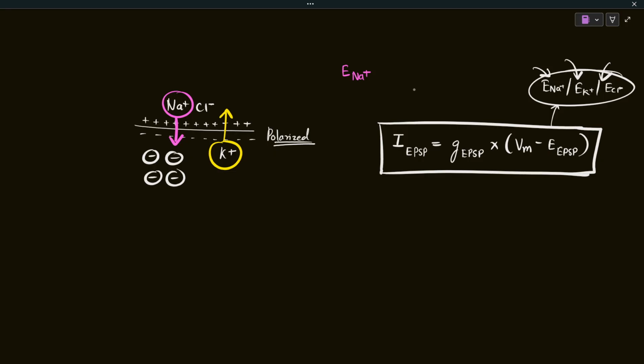In depolarization, we already knew before those studies that the chemical concentration gradient for the sodium ions was in this direction, meaning the concentration of sodium ions was high on the extracellular side and low on the intracellular side. So this gives us the idea that the sodium ion current should be in this direction. And when it is in this direction, the polarization is decreased and the membrane gets depolarized.